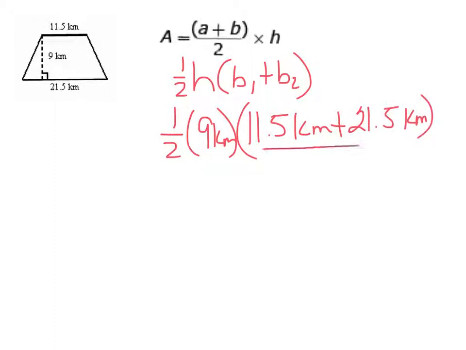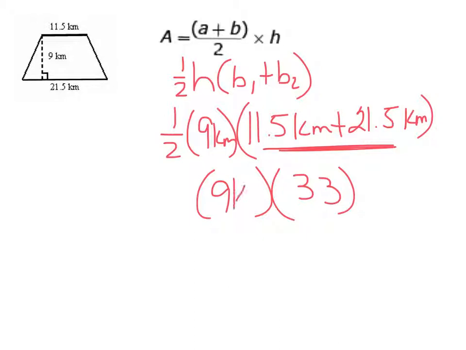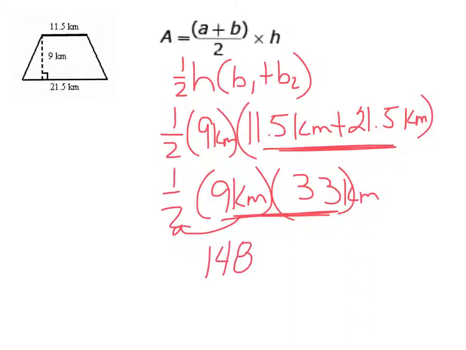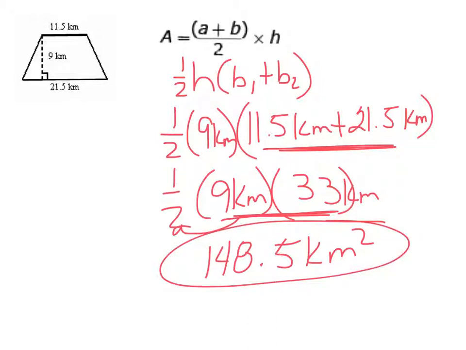So again, I would take care of all this first, which would give me 33 times my 9, and again, these are kilometers, and my 1/2. So I would multiply probably those two first, and then divide it by 2, and I'm going to come up with 148.5 kilometers squared. So if you notice in all this, area is always units squared, and these are your units right here.